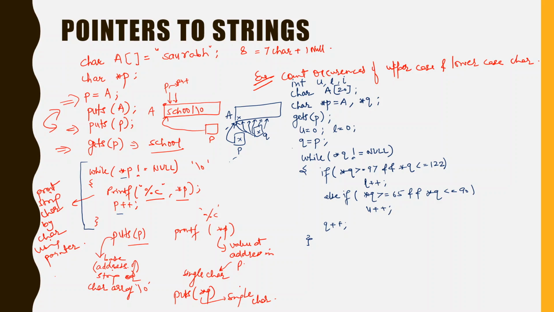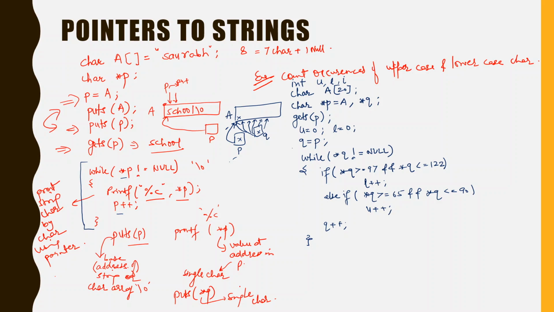But if it is compulsory to use pointers, then you will not be able to print the array. So what we have done, we have created a copy of the array. Fine.